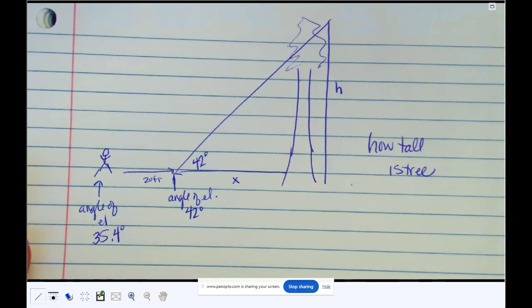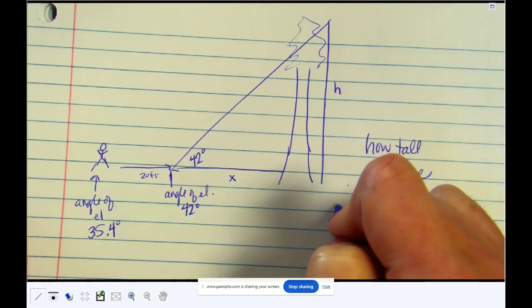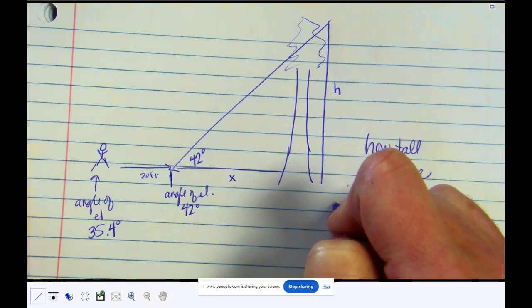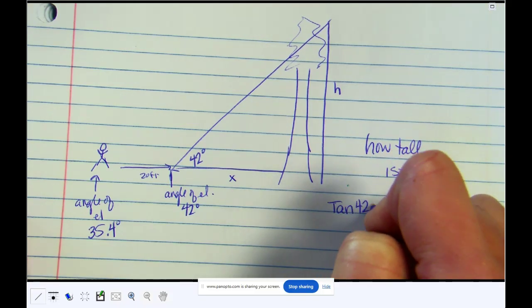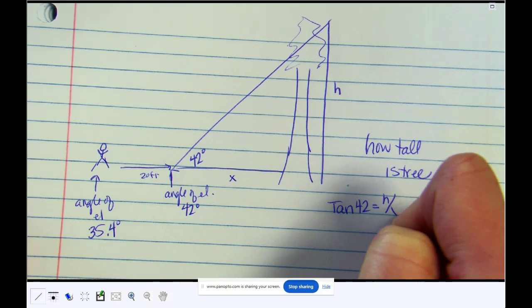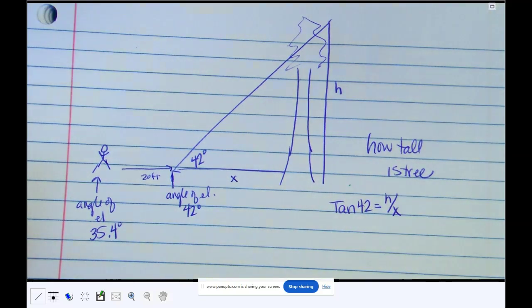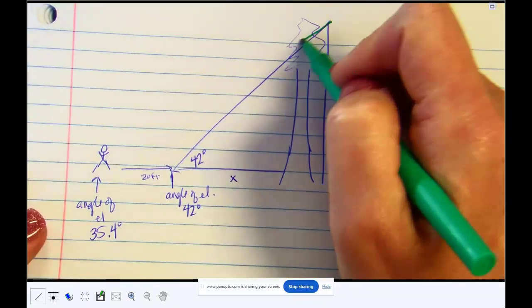So what can I write that's a true statement? Tangent of 42 is equal to H over X. Okay, now my other triangle is here. Let's go with green. Here's my other triangle.